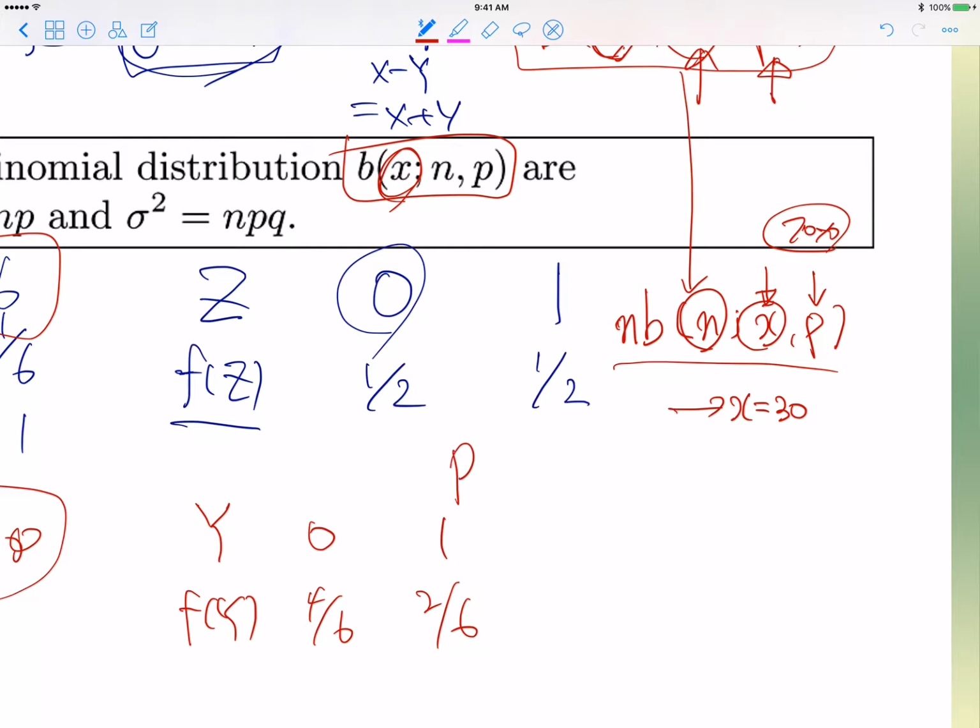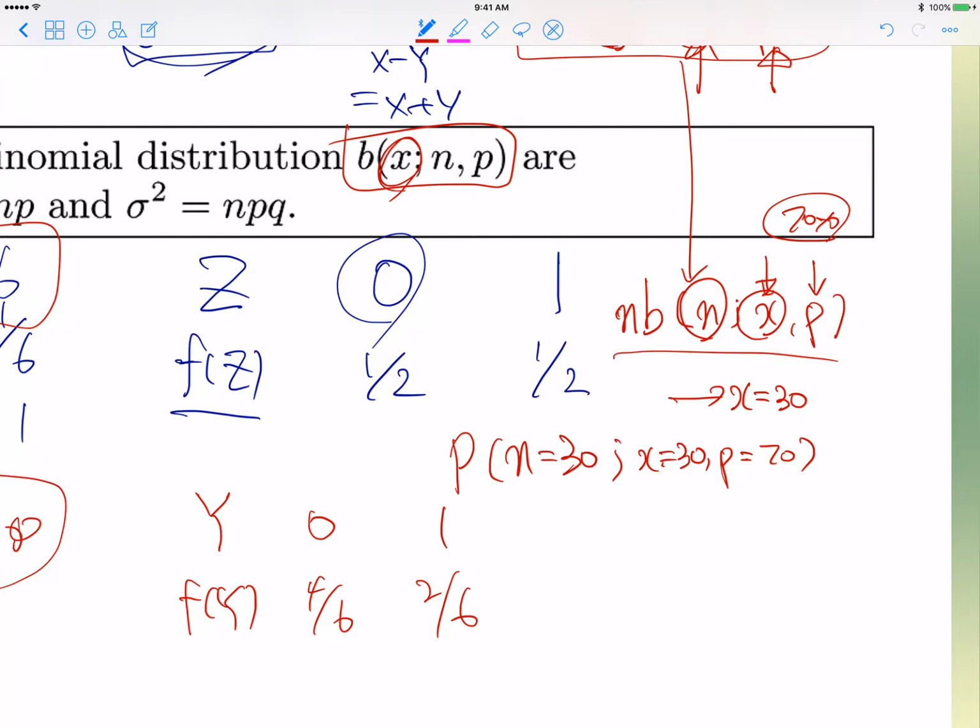So let's consider the probability of n being, for example, 30. In this case, p was 0.7. What it means is that we have to have 30 red balls, but we consider the probability of the total number of samples being 30.